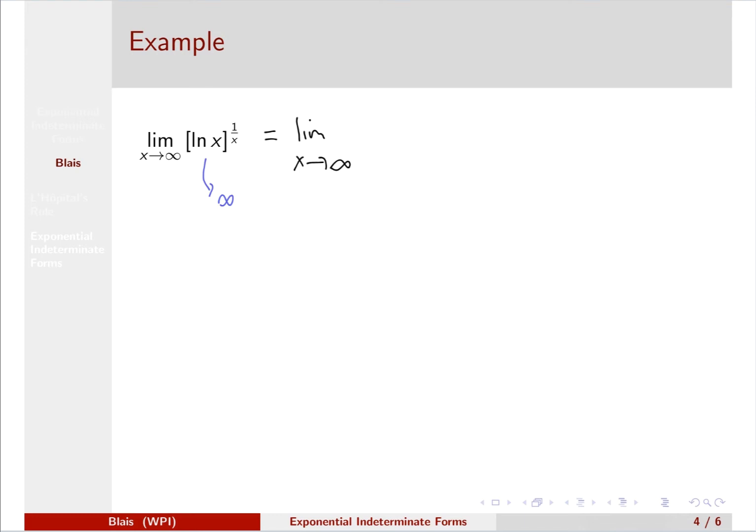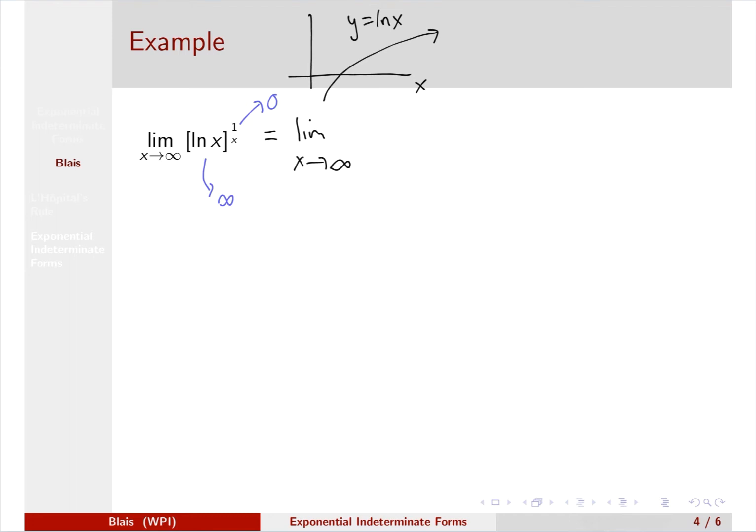We know that from the graph of natural log of x. One over x as x goes to infinity is approaching 0. So this is the infinity to the 0 indeterminate form.